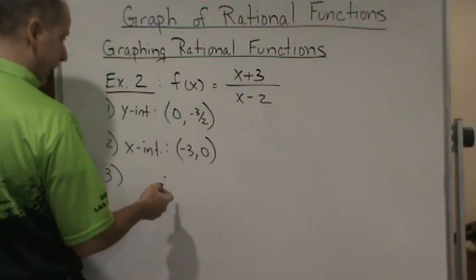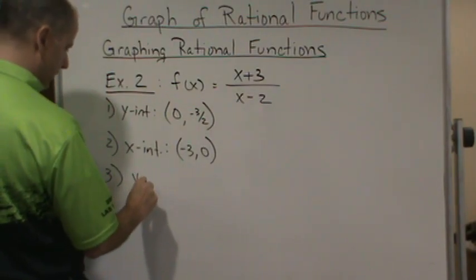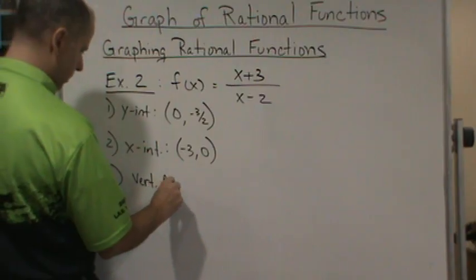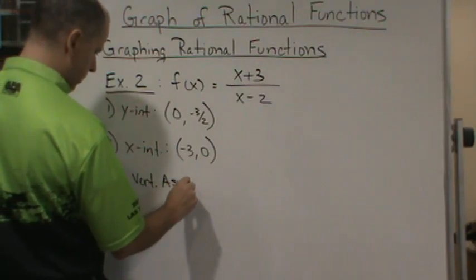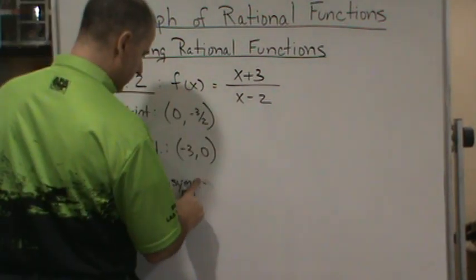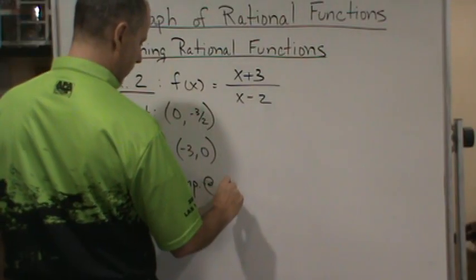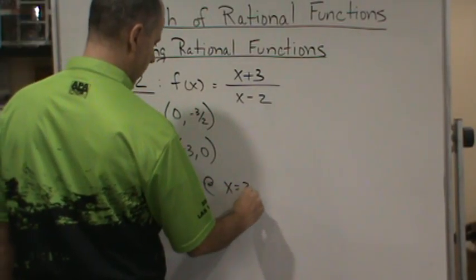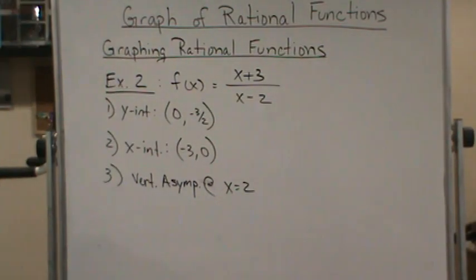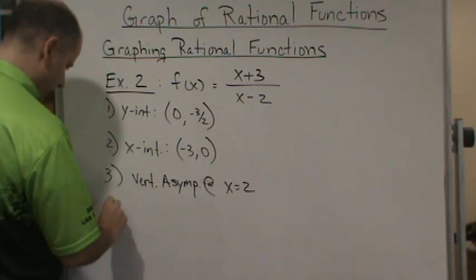So now we're going to have a vertical asymptote at x equal to 2.